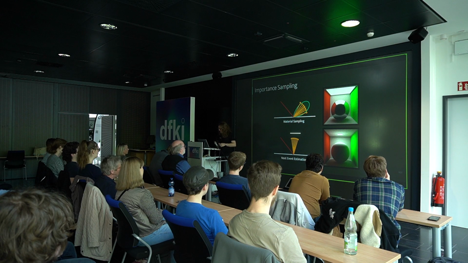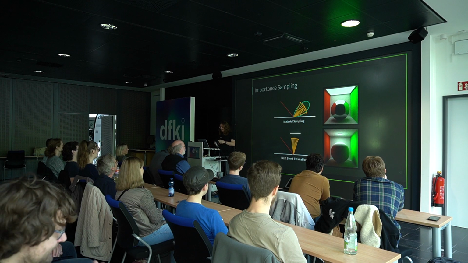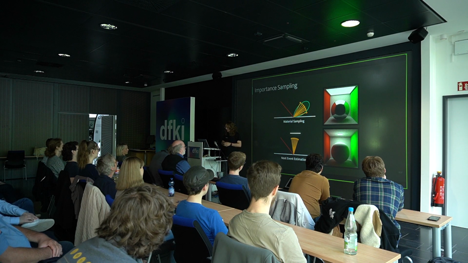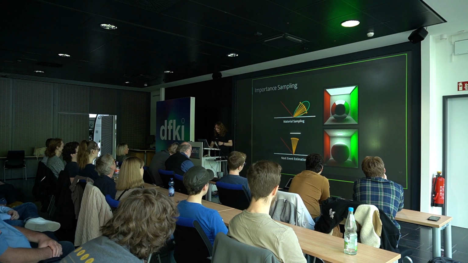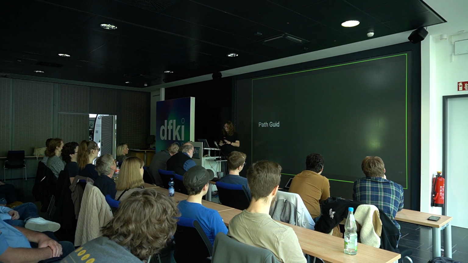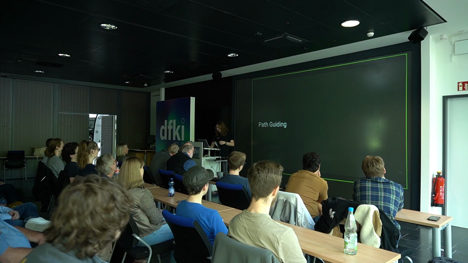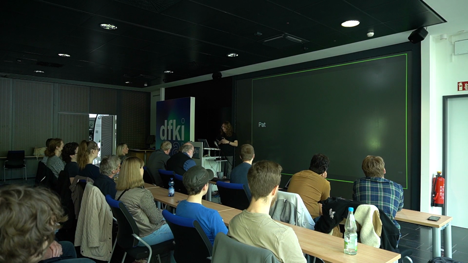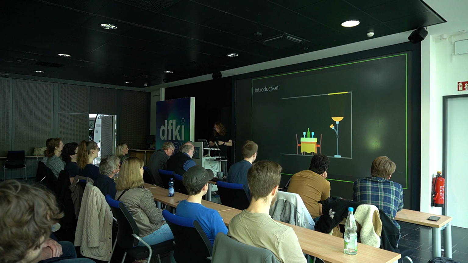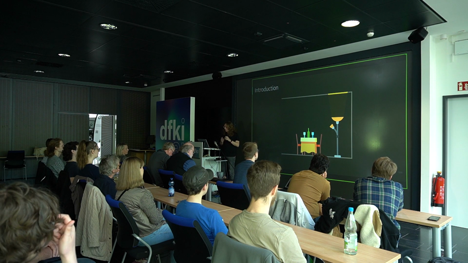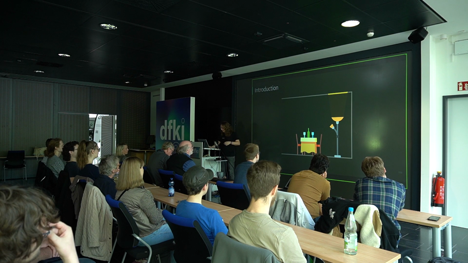A popular alternative is to react to unforeseen events by employing learning techniques that adapt to the effects automatically, for example, using a technique known as path guiding. Let me start with an example scene. In this scene, we have a challenging lighting. There's a lot of indirect light from a small, brightly illuminated spot on the scene.